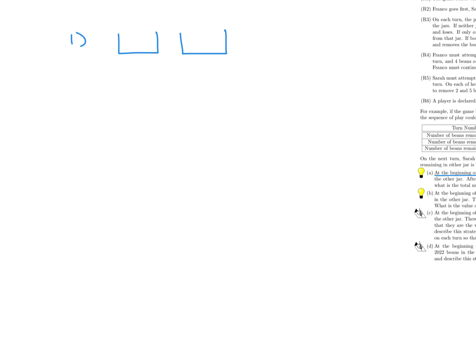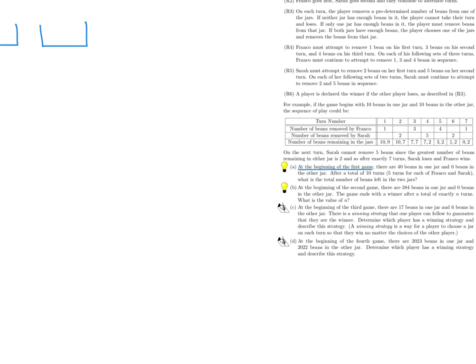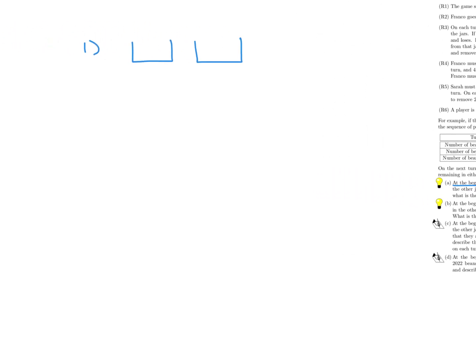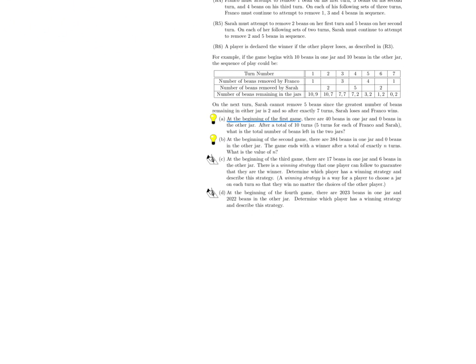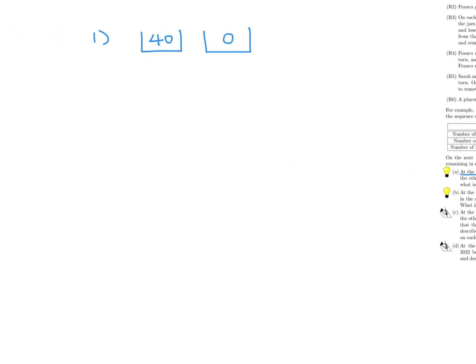They've got 40 and 0. So there's 40 in this jar and 0 in this jar. Okay, all right. And then how many turns? There's 10 turns, so 5 turns for each. Okay. So let's go with that.